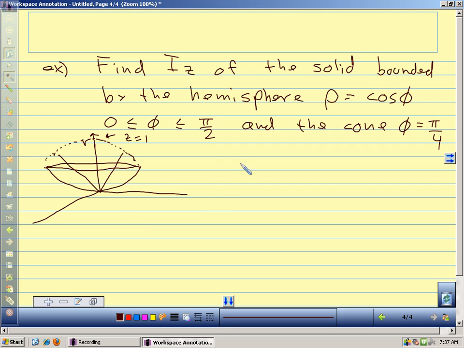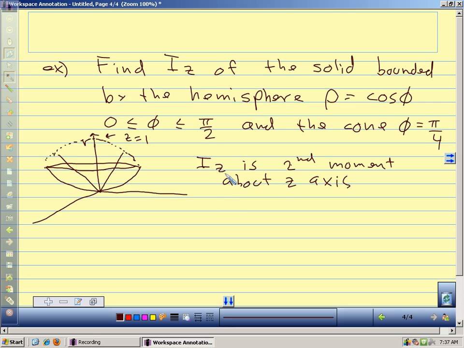All right, so I sub z is our moment of inertia about the z-axis. So we need to know the distance from the z-axis.